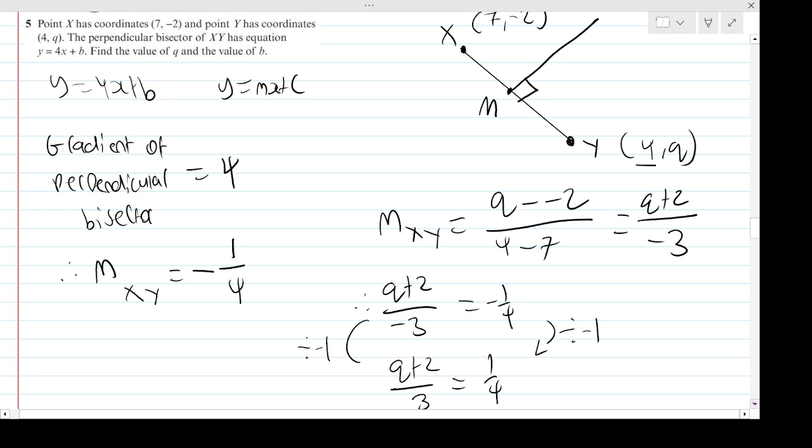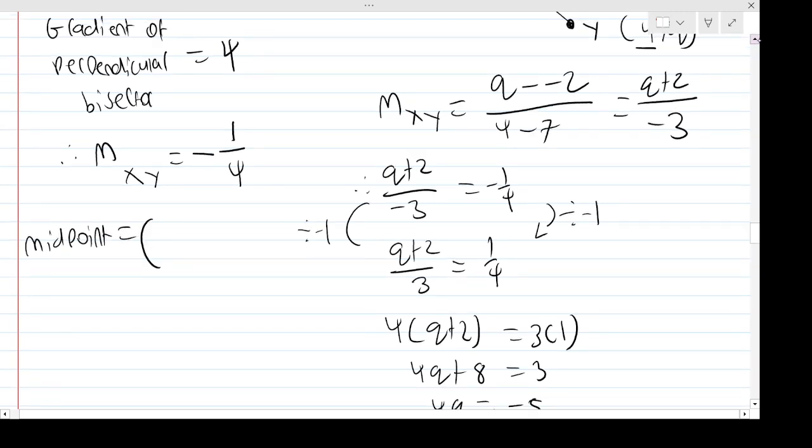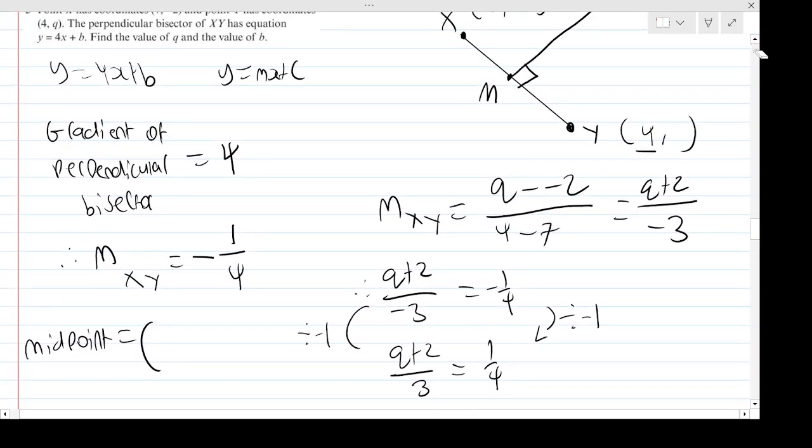So I need a point on the bisector. Well, I do know a point. Again, it's going to be the midpoint. I should always be looking out for a midpoint when dealing with bisectors, okay? So the midpoint of xy, again, now we know what q is. Actually, q, we can fill this in as minus 5 over 4.